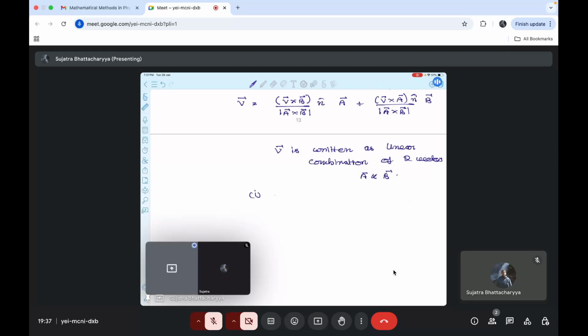Now the point is, what does linear dependence mean? This linear combination is important for both linear dependence and independence.